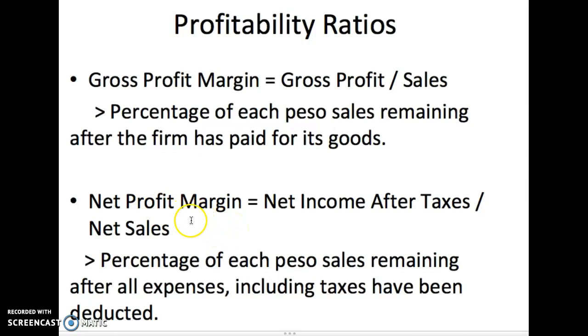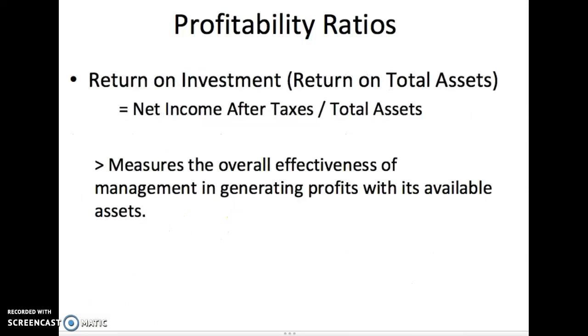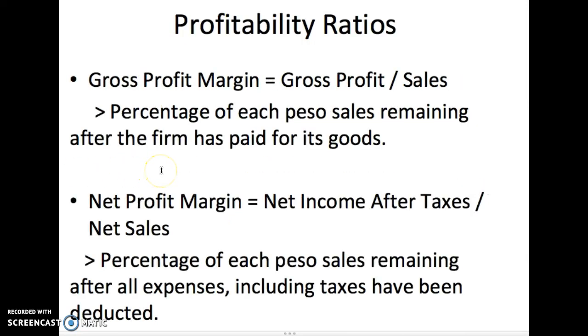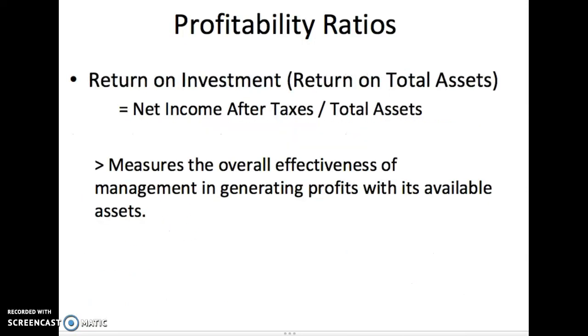So hopefully there's still something left after we've deducted all the expenses from the revenues or sales. And before I move forward, obviously for net profit margin, hopefully it's a high value. I mean, it's a high percentage, because otherwise maybe, let's say if you get 2%, then maybe it could indicate you're not earning as much.